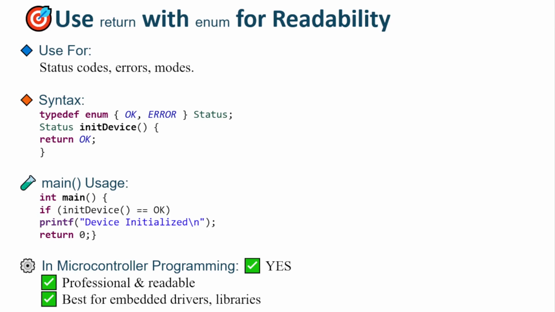This makes your code much cleaner, easier to read, and less prone to mistakes. Use for status codes, errors, modes. You can see the syntax and main usage. In microcontroller programming, yes, we can use it, professional and readable, best for embedded drivers and libraries.